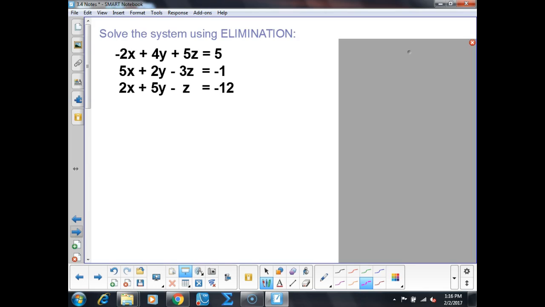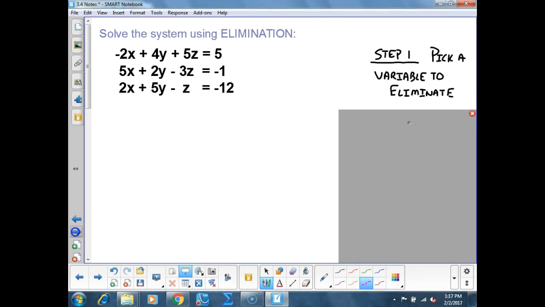No problem. Okay. So when we're solving using elimination, the first thing that we have to do is simply pick a variable that we are going to eliminate. So we need to pick x, y, or z. Does it matter?